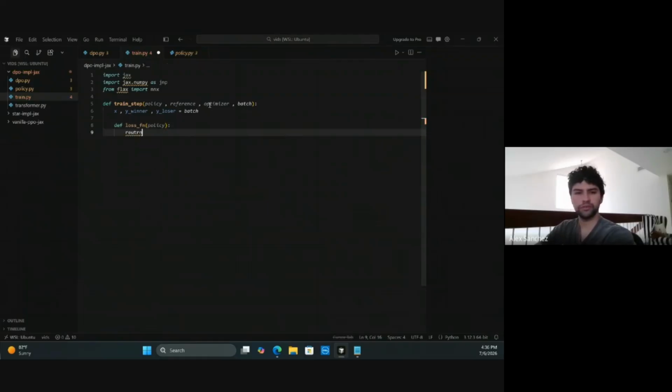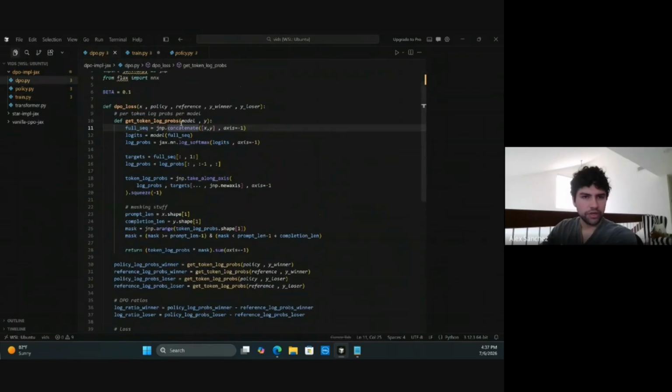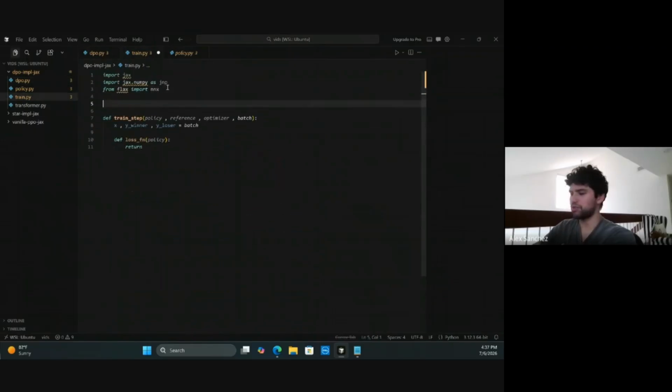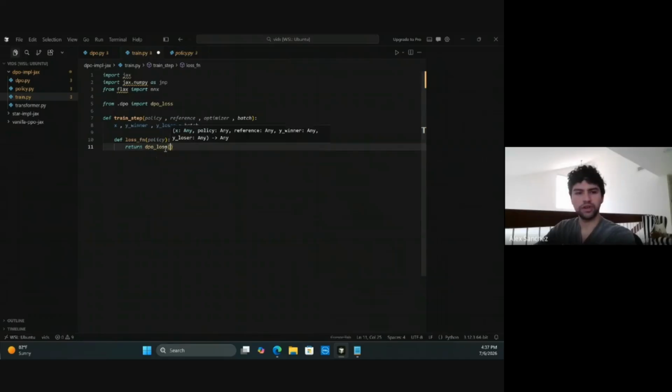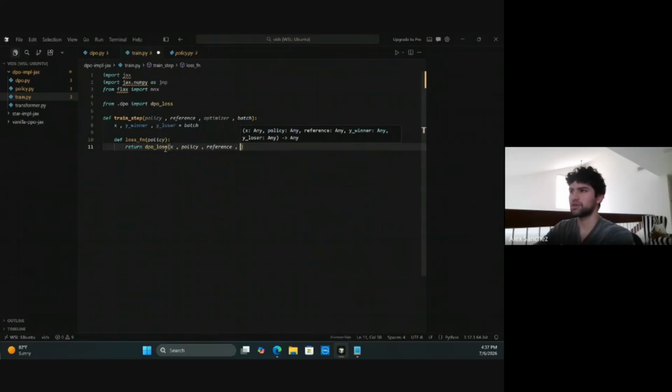What are we going to return? Well, we worked on a whole DPO loss back here. So we're going to import from DPO.DPO import dpo_loss, and here we're just going to return dpo_loss with the policy. Actually, I believe the x was first, then the policy, reference, y winner, and y loser.